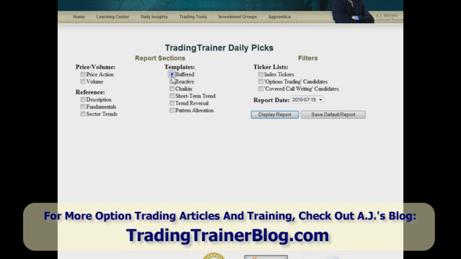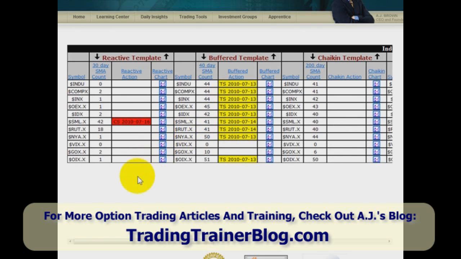Let's take our templates here and apply them to our indexes to get a qualitative idea of what's going on. We've got our reactive, our buffered, and our shaken templates. Reactive's coming up neutral. Our buffered action still is saying we're triggered for a swing down.